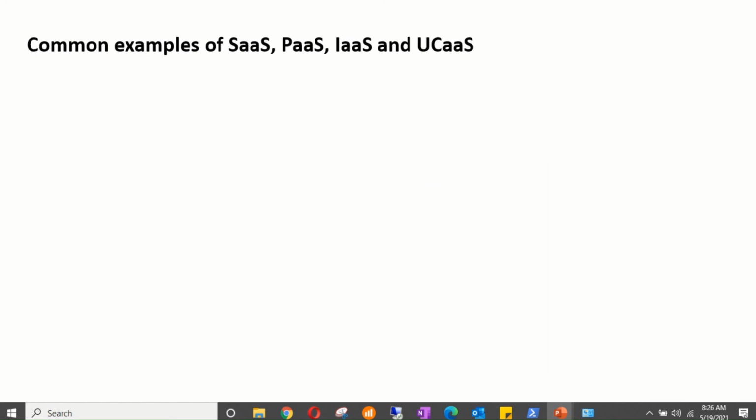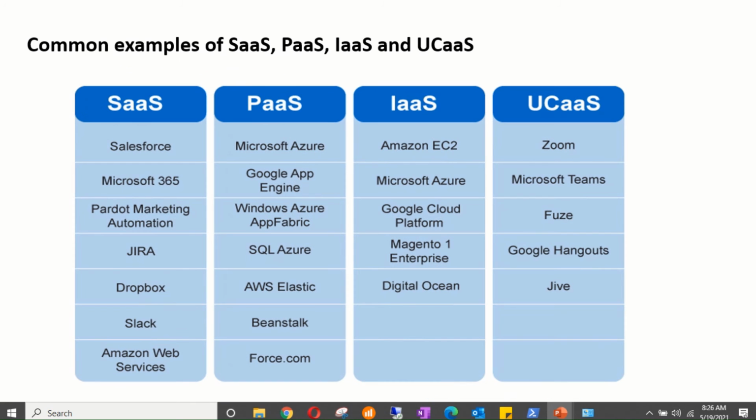Now let's look fully into common examples of these layers. For software as a service, Microsoft 365 is an example, as well as Salesforce, Pardot Marketing Automation, JIRA, Dropbox, Slack, and Amazon Web Services. For platform as a service, Microsoft Azure, Google App Engine, Windows Azure, AppFabric, SQL Azure, AWS Elastic Beanstalk, Force.com, and others.